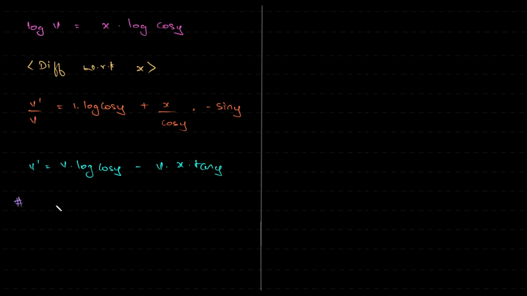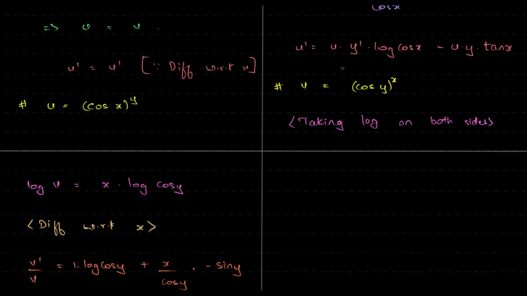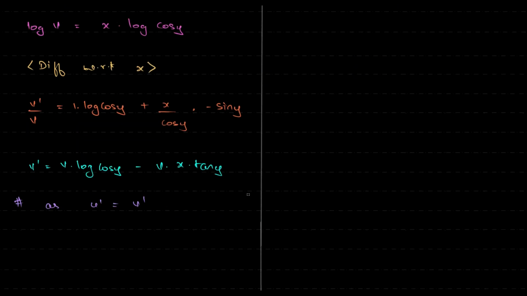Right, finally, as u prime is equal to v prime, I can equate my u prime to this expression. Now we know that v is equal to u, right?